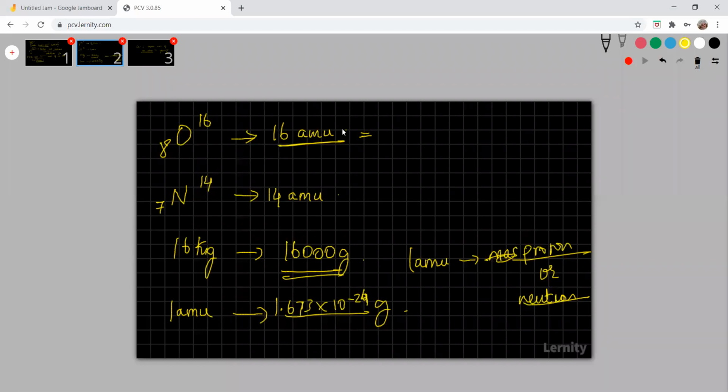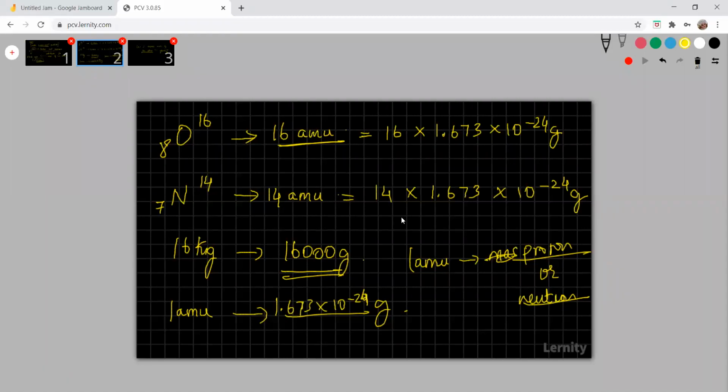So here it is 16 AMU. So the mass of one oxygen atom is 16 into 1.673 into 10 power minus 24 grams. Similarly, the mass of nitrogen will be 14 into 1.673 into 10 power minus 24 grams. Is it clear to every one of you?